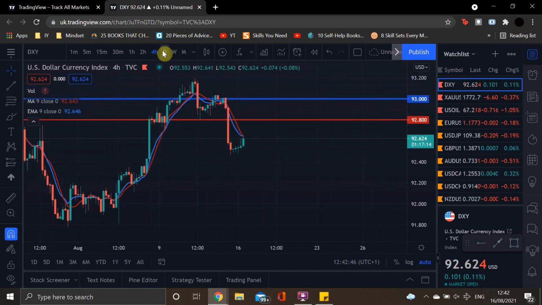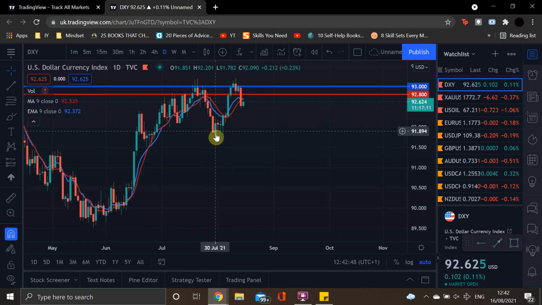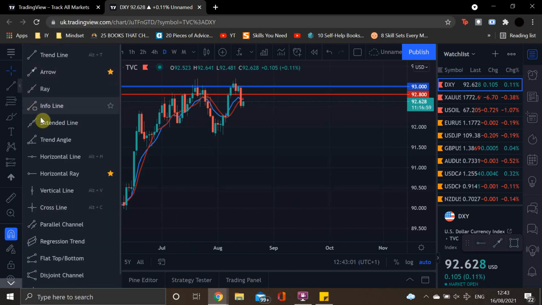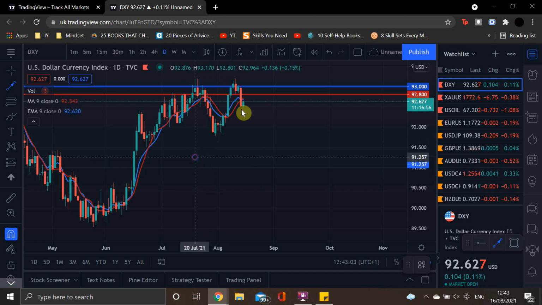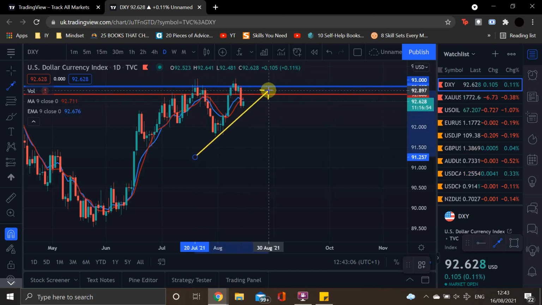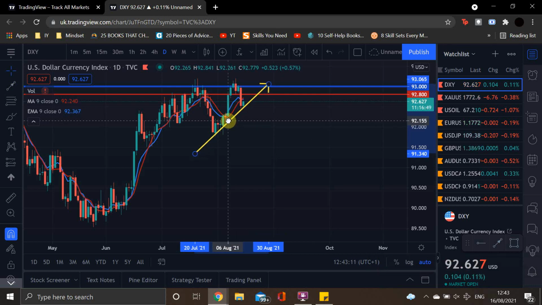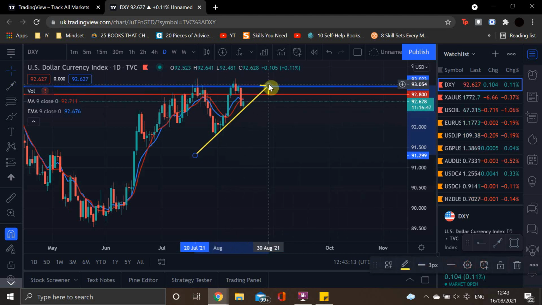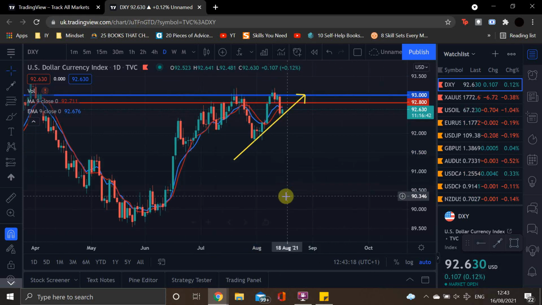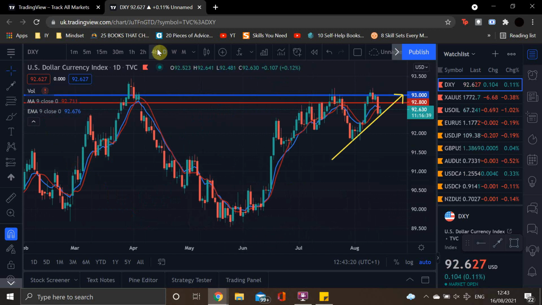I mean, technically, but then you have a lower low here, and then another lower. So look, it's kind of going up when you think about it. Kind of going up.